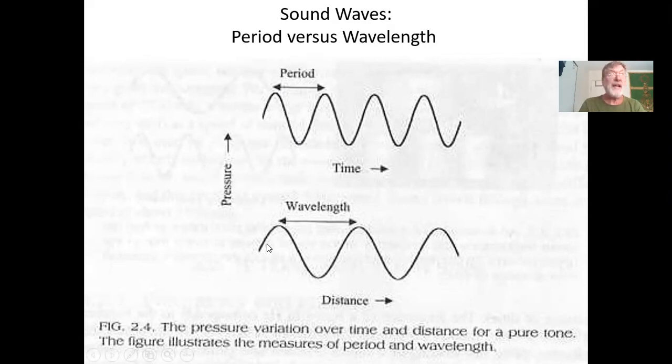Wavelength is the actual physical length of the wave in feet. How big, how long is the wave? How big is it? Okay, when you think of a low frequency wave, it's got length. I'm going to show you a picture of that. Here, let's go way back to almost to our original slide here, and I'll show you what I mean.